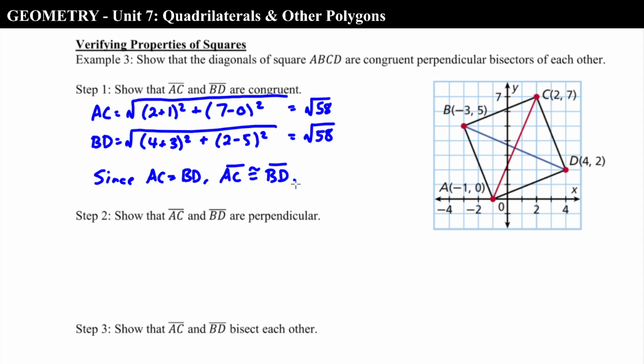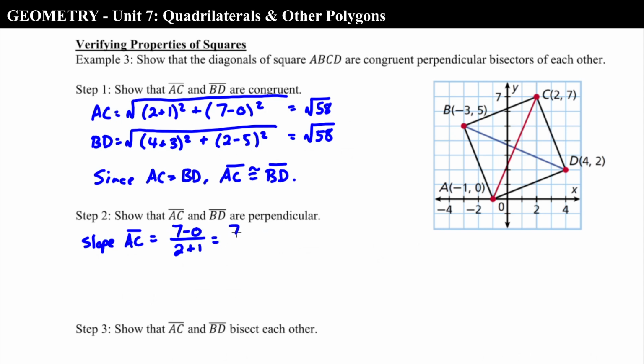All right, so now we need to show that AC and BD are perpendicular, because that would show that it is a rhombus. Okay, so we have the slope of AC. That is going to be 7 minus 0 over 2 minus negative 1, which is 2 plus 1.